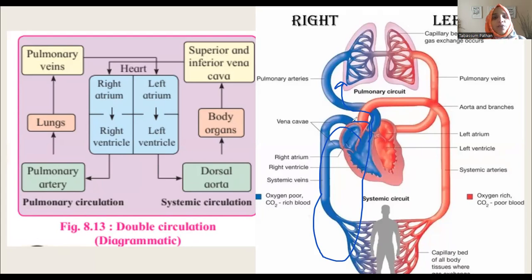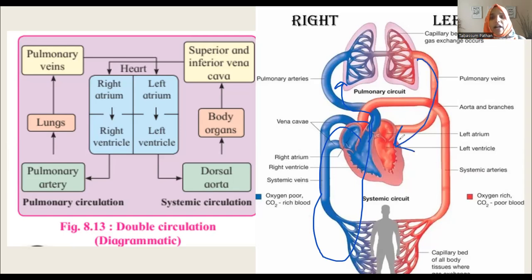The lungs will remove the carbon dioxide and fill the blood with oxygen. We have discussed the transport of carbon dioxide and oxygen in detail in the previous videos. If you have still not checked it out, please check it out. Then the lungs will do what? Exchange. They will take the carbon dioxide, fill the blood with oxygen, and give it back to the heart.